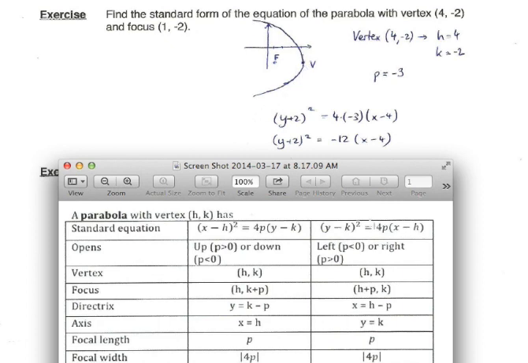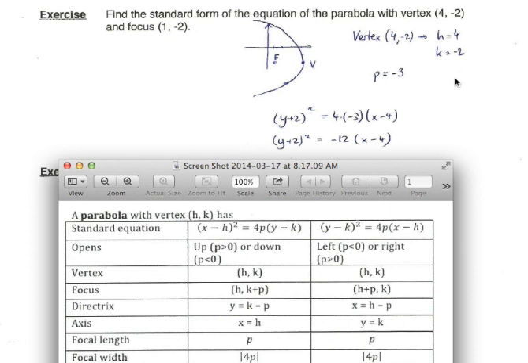So this tells us we have to follow the information in this column. And our solution, because we're looking for the equation, is going to be something like that: y minus k squared equals 4p times x minus h. Now if you look here, we know that the vertex is h, k. So given that the vertex is 4, negative 2, it's very easy to figure out h equals 4, k equals negative 2.